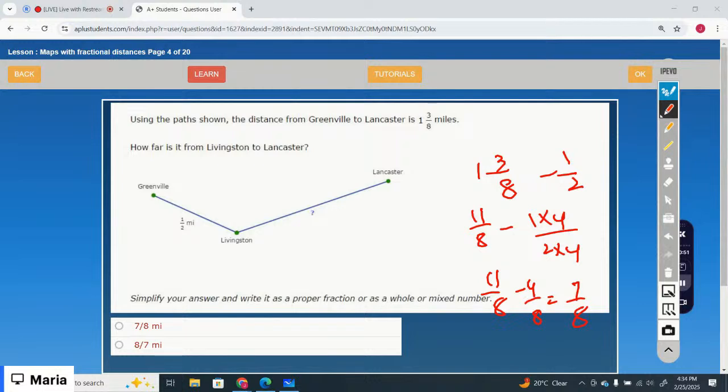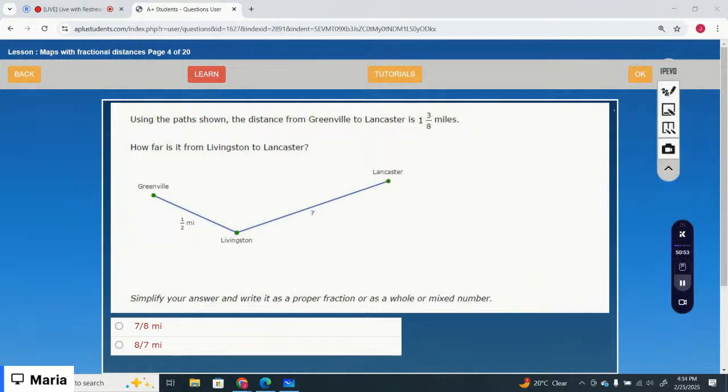Option number 1 is the correct option, that is 7 over 8.